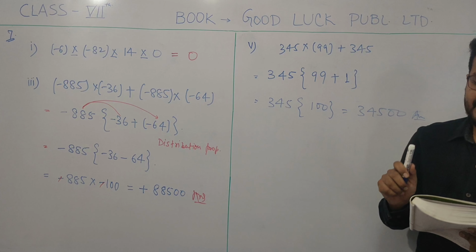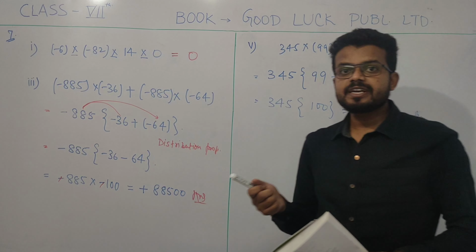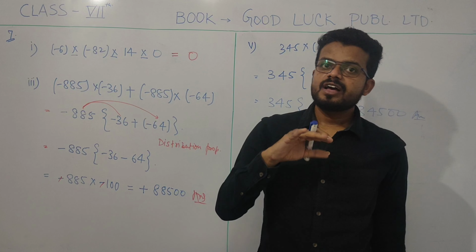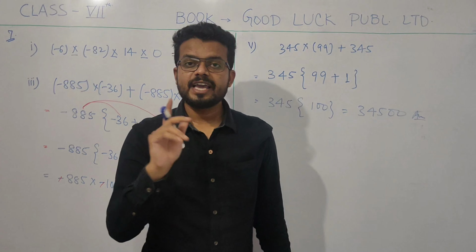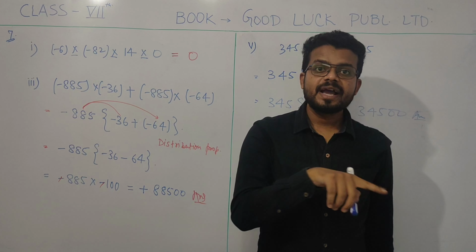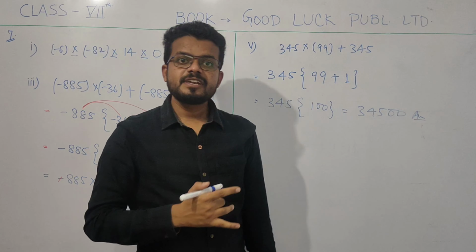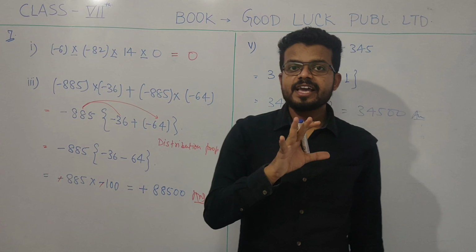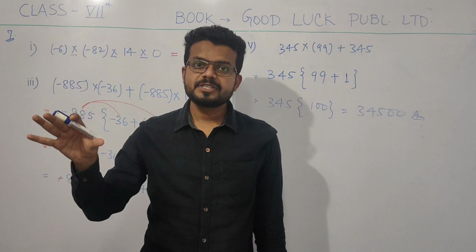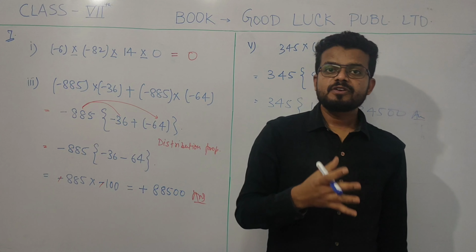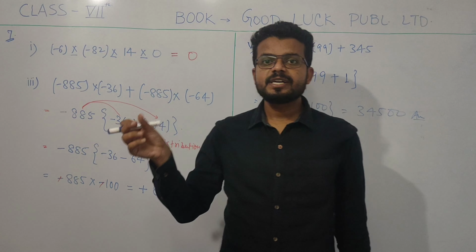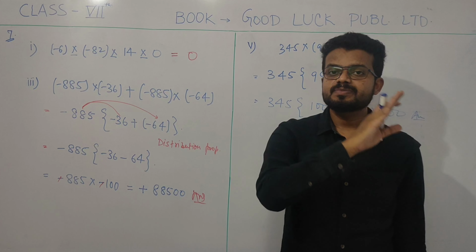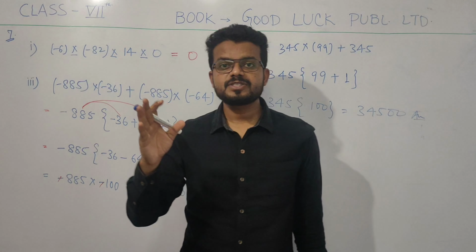If I want to get the opposite of an integer, for example, if I have the number 5 and I want minus 5, I have to multiply it with minus 1. Now, if I have minus 5 and I want 5, I again multiply by minus 1, because minus 5 into minus 1 is equal to 5.